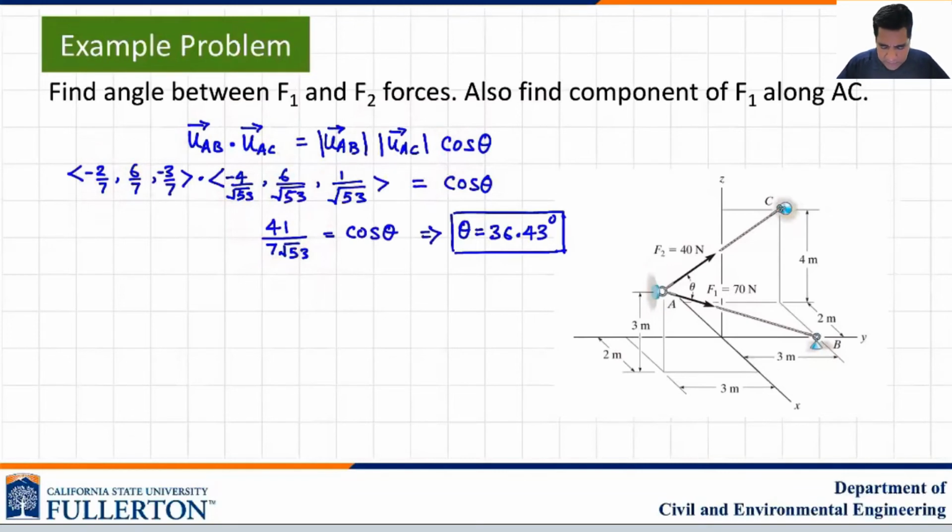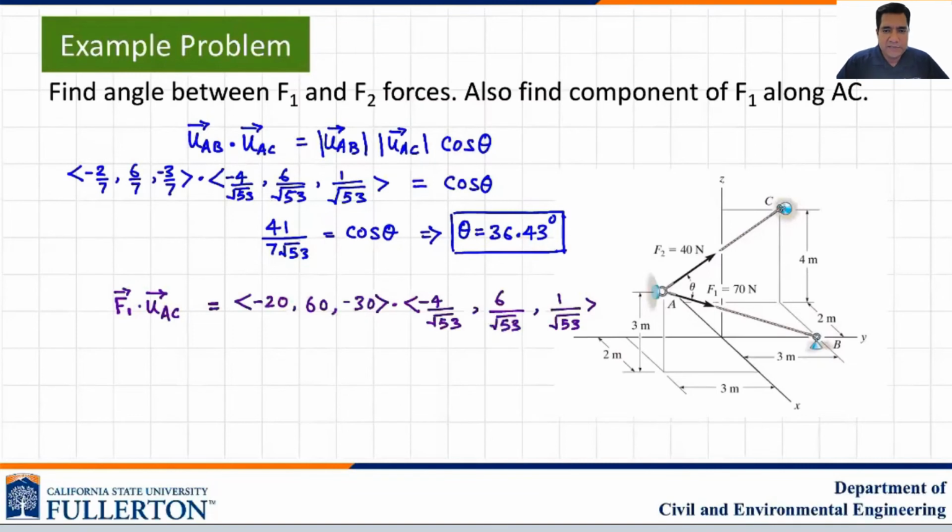Now, the second part of the problem is finding the component of F1 along AC. To do that, we simply take the dot product. Since F1 is the force and we want to find the component of that vector along AC, we need to do the dot product. F1 dot UAC will give you the component of force F1 along direction AC.